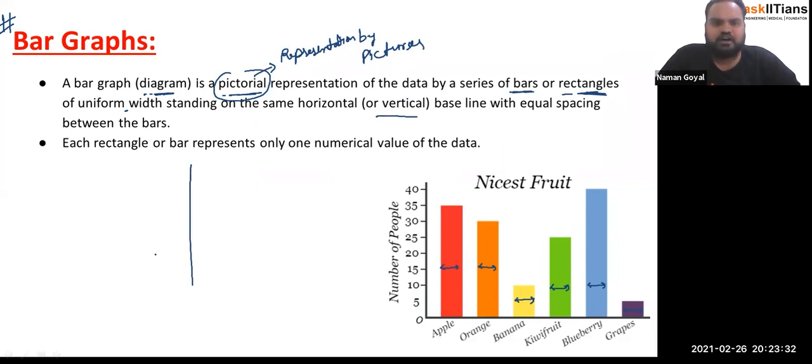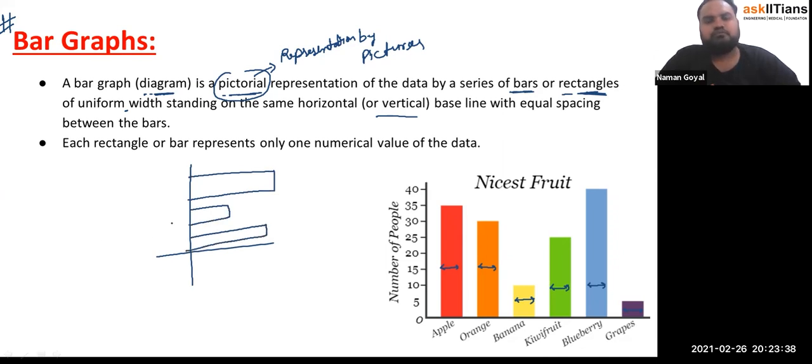Now see, a bar graph can also be drawn like that, standing on horizontal or vertical, with equal spacing between the bars, and this space is also uniform, right? Each rectangle or bar represents only one numerical value. Now see, there is a graph given of the number of pupils who like different fruits.